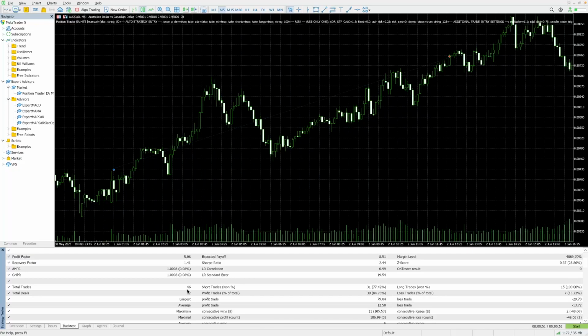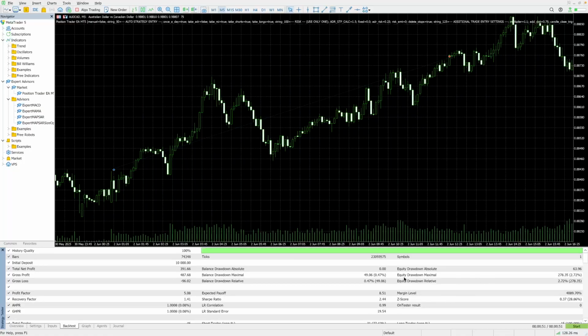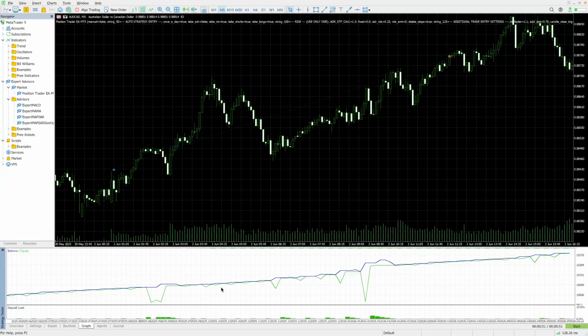And it's evident here in the backtest. It also has a max equity drawdown which stayed extremely low at just 2.72% on the equity, and for balance, just 0.47%. Very, very impressive numbers. And the equity curve was a steady upward grind with only small recoverable dips here and some here. All of these dips, but at the end of the day, it was recovered.